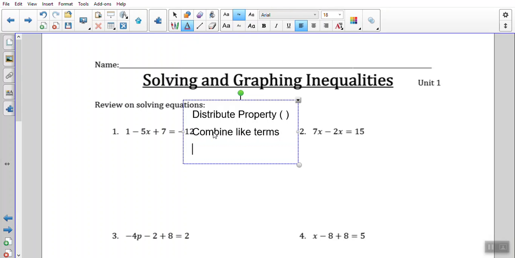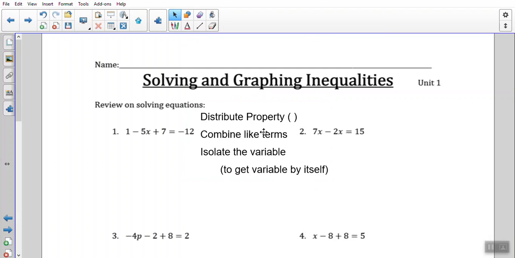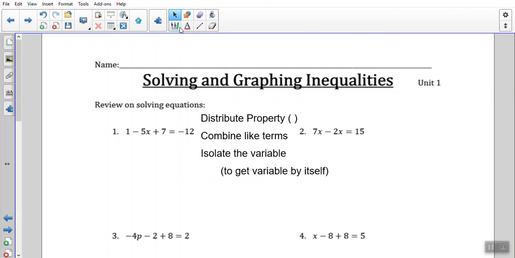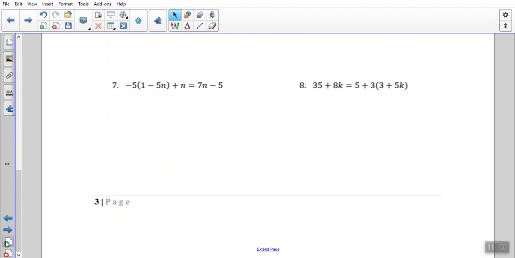And finally, we need to isolate the variable, which means to get the variable by itself. Please come see me if you need help solving equations, but these pretty much should help you solve each one of these.